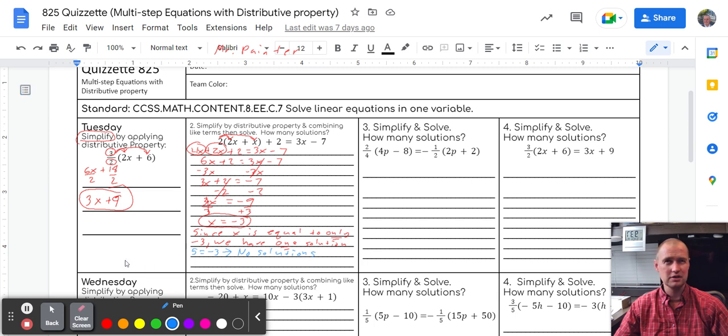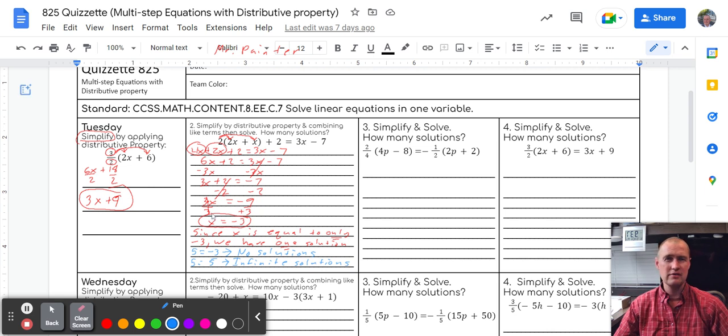Actually, today is Tuesday, so we're going to go to Wednesday, Thursday, and Friday. So no solutions. And the other one is, well, what if you get a number equal the same number? What if 5 does equal 5? Then we're going to have something called infinite solutions. Infinite solutions. So those are the 3 scenarios you need to know.